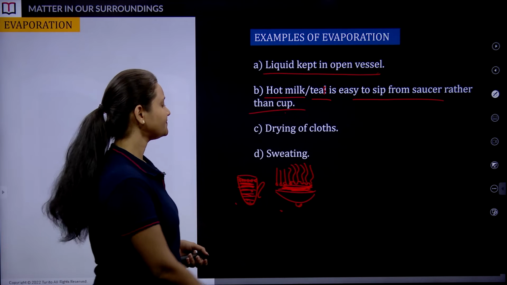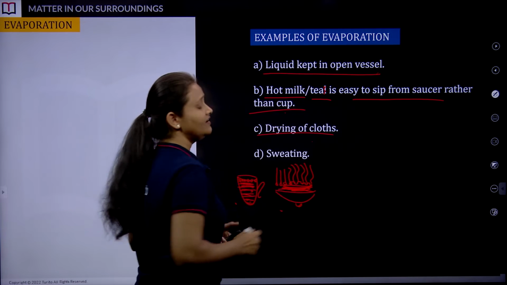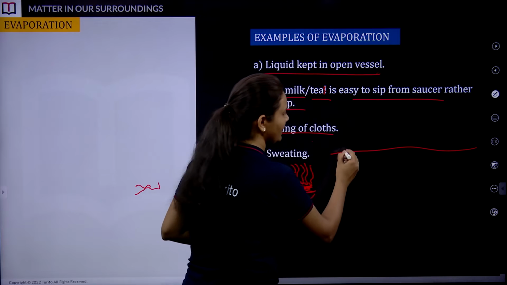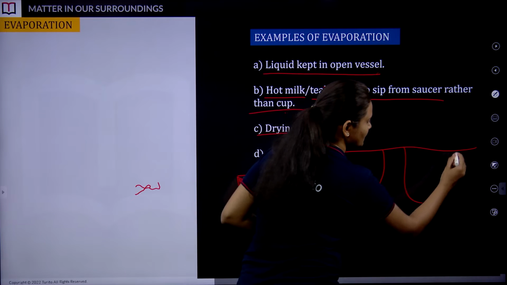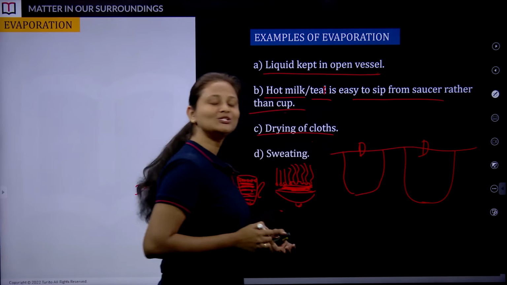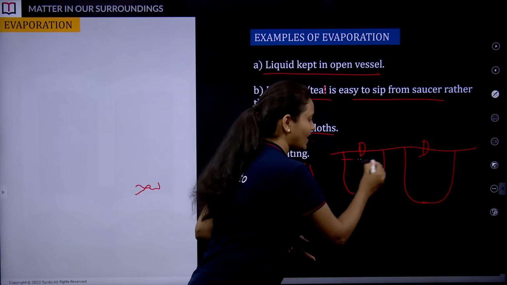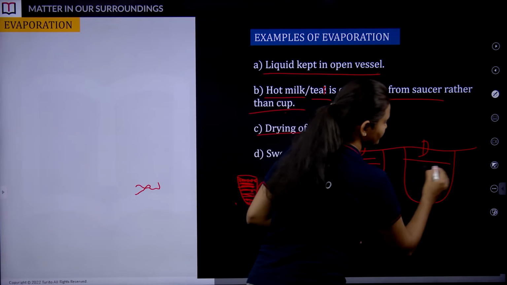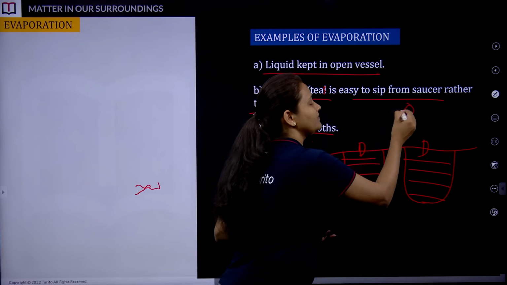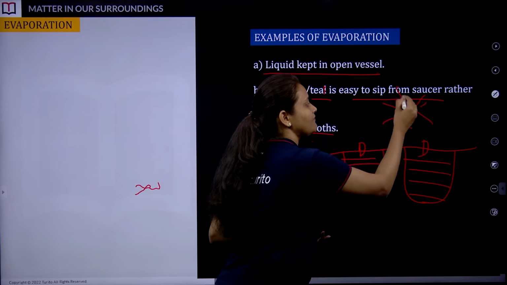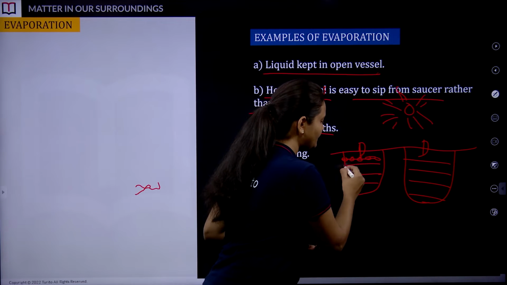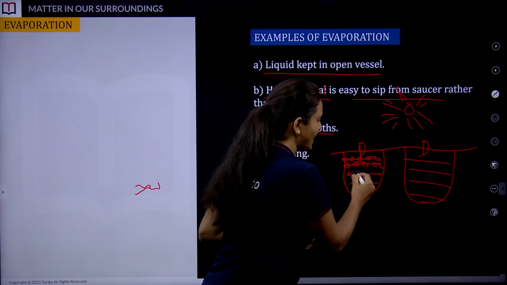All right. Drying of clothes, it's a very daily life example, you observe it daily. What happens here if I'm having a cable and I'm having some clothes? Okay, so what do we observe here? Okay, suppose these are the pins, correct? So if we're having clothes which are wet, obviously they're not dry. So when we observe the evaporation, the surface molecules which are present in these wet clothes are getting what?